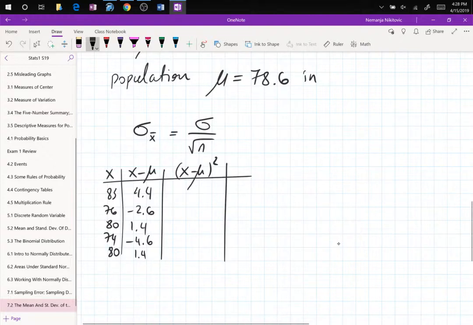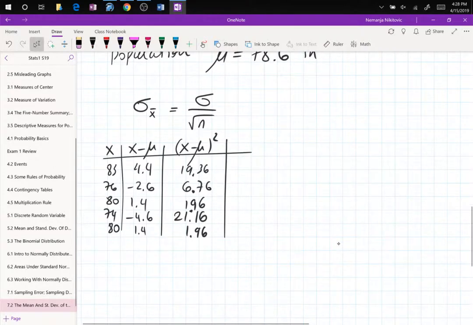So the first one is 19.36. 2.6 squared is 6.76. 1.4 squared is 1.96 twice, and 4.6 squared is 21.16.